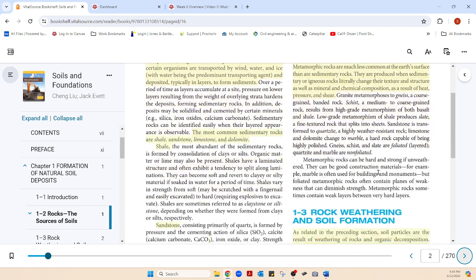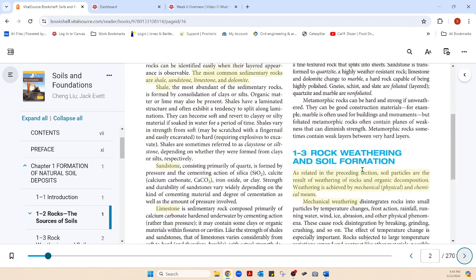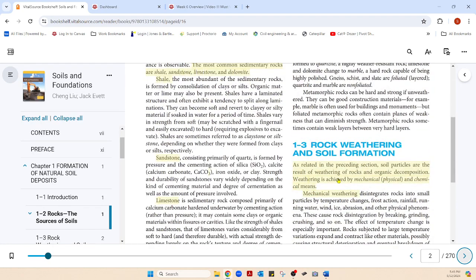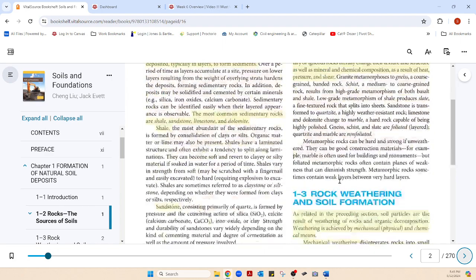Granted, I'm not going to read that, I'll let you, but I would familiarize myself with the metamorphic rocks, the igneous rocks and the sedimentary rocks.